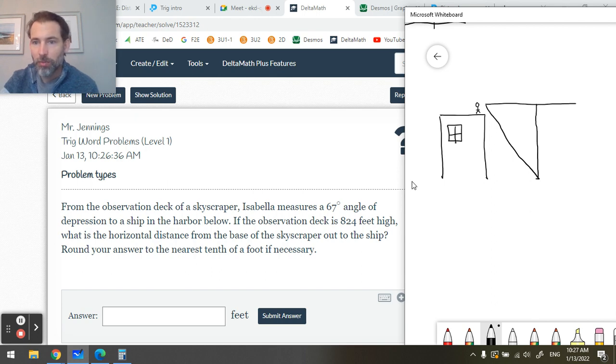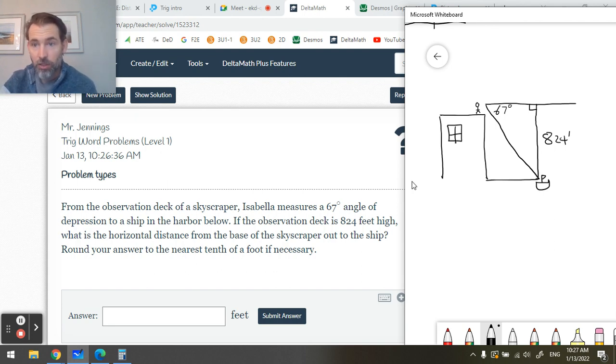And we're assuming that these ships here are right at the ground level, like that. Okay, so this is a right angle because it's height and horizontal. So it's necessarily a right angle. This is 824 feet, and this is 67 degrees. So find out how far the distance is.